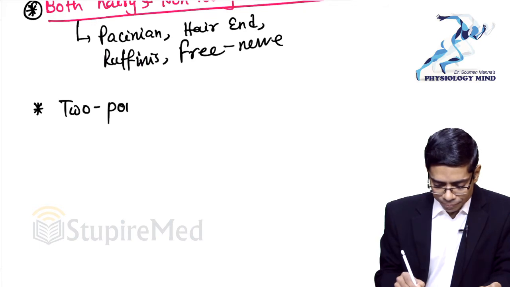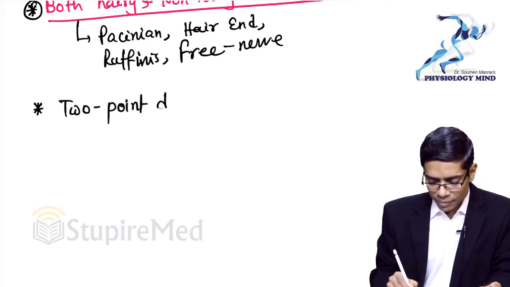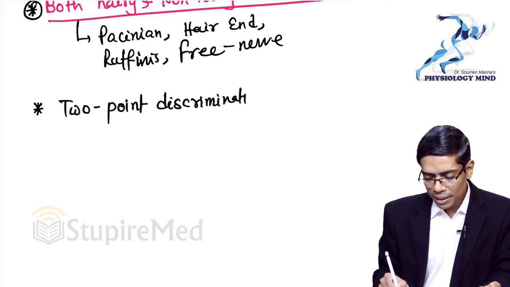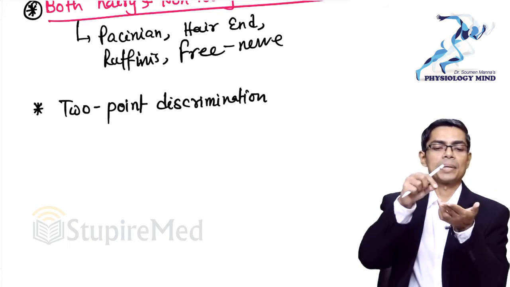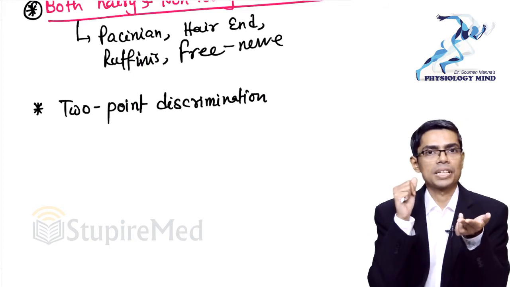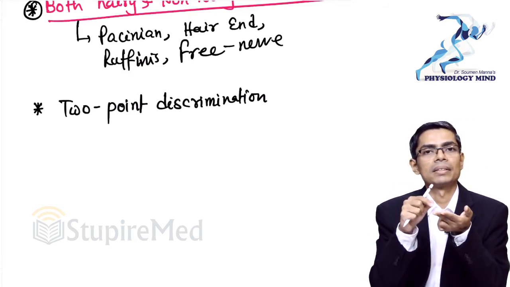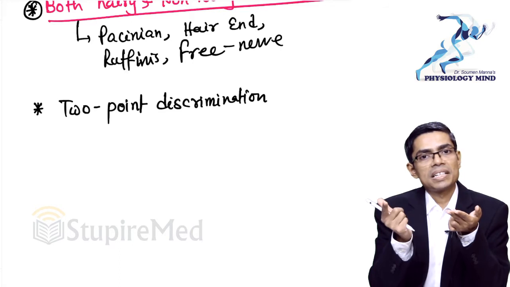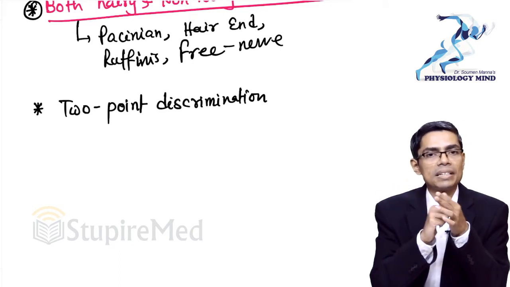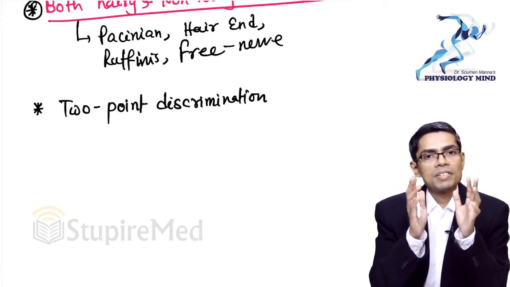Now there is one particular controversial question, that is two-point discrimination. Two-point discrimination means if I touch two points over your skin here at the tip of the finger, will you be able to differentiate them or not? What is the principle?